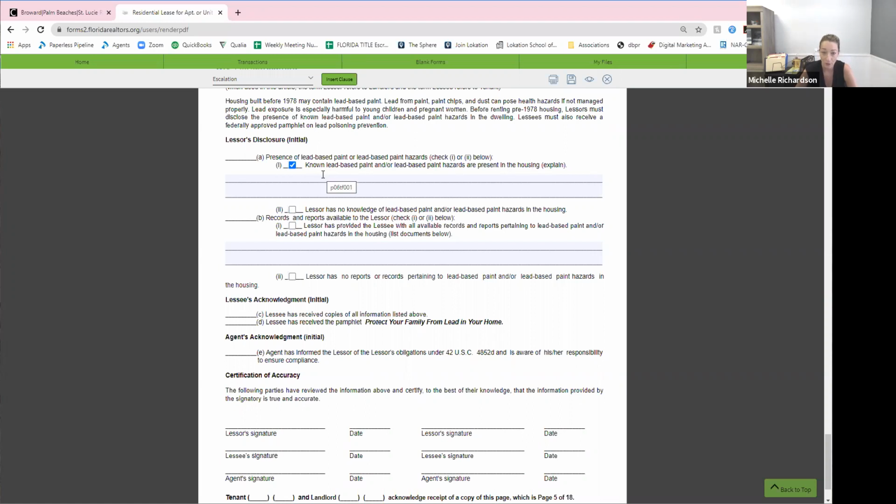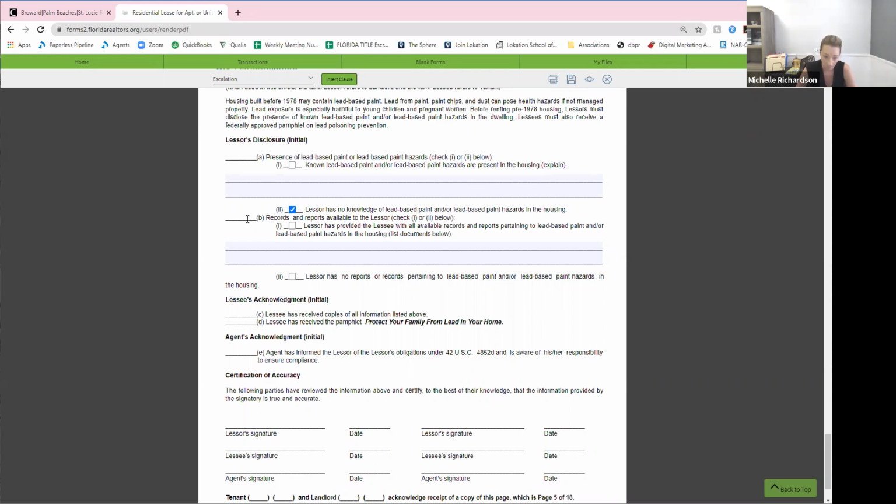If the landlord is knowledgeable of lead-based paint, they would check that one off, and then they would put an explanation here of whatever the reason is. If they are unaware of any lead-based paint, they would check off A2. So A, initial, check off A2. Lessor has no knowledge of lead-based paint and or lead-based paint hazards in the house.